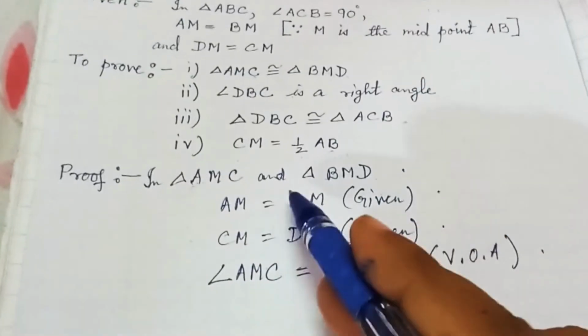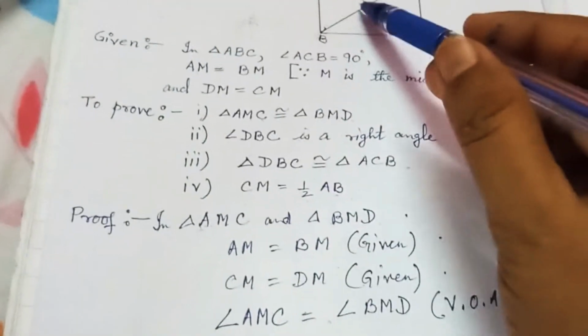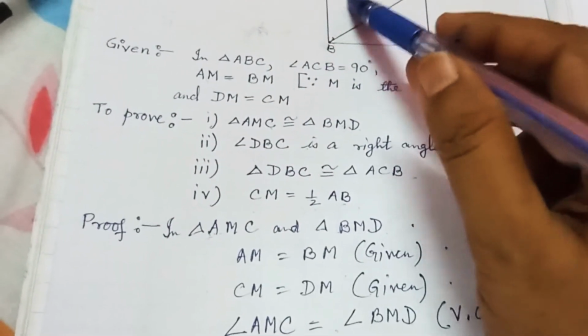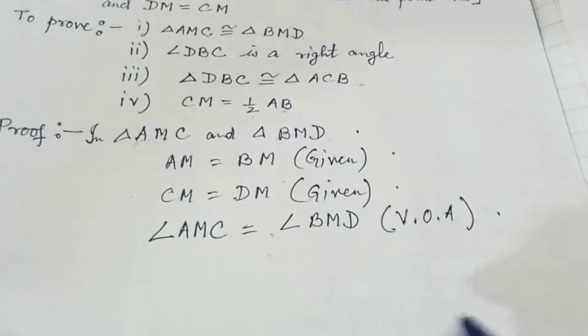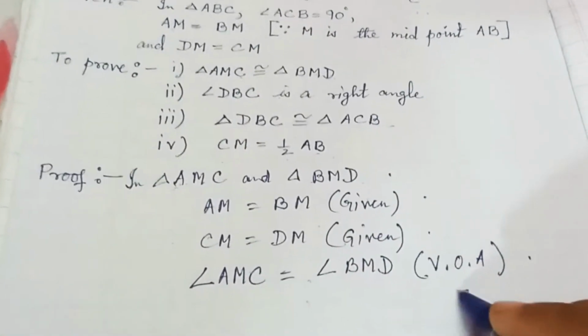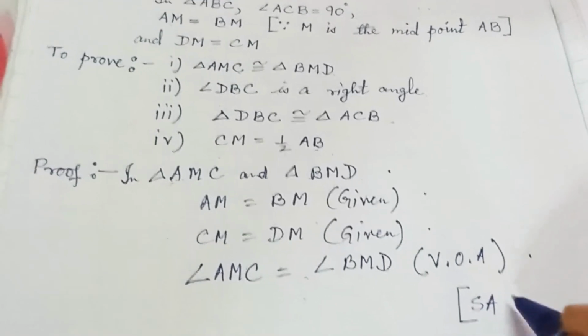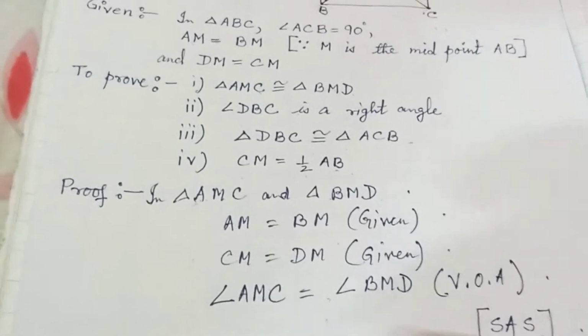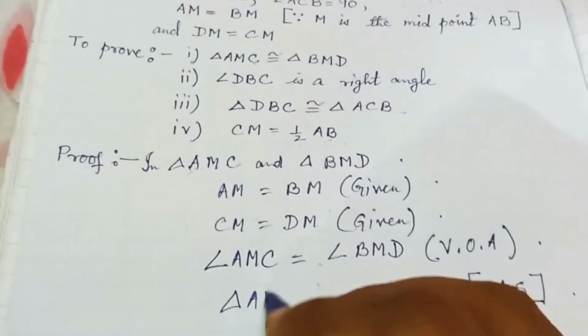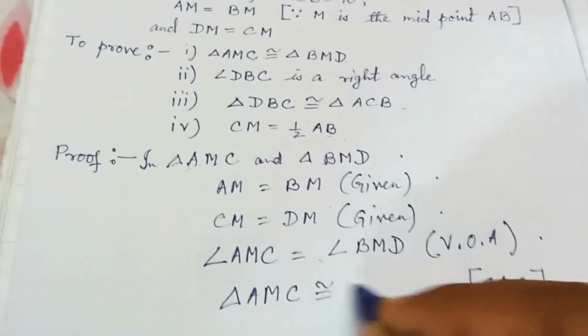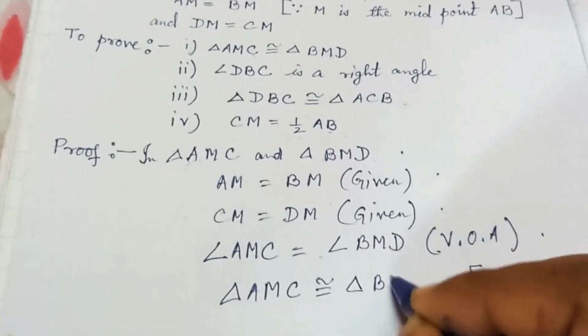So side, angle, side. Side, angle, side congruency we will apply here, and hence triangle AMC is congruent to triangle BMD.